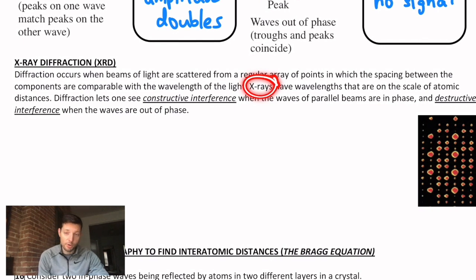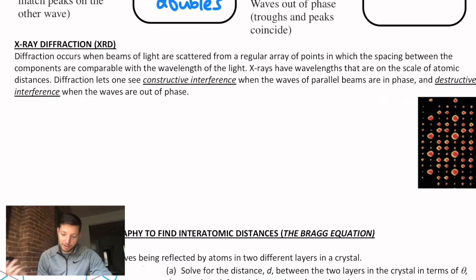So this gives us a way of actually measuring wavelengths of X-rays and correlating that with distances between atoms in a solid crystal. This is done by seeing a constructive interference pattern when waves are parallel, and destructive when they're out of phase. So let me draw what that paragraph is trying to show us.